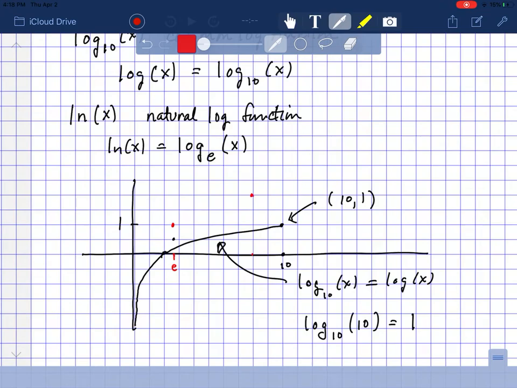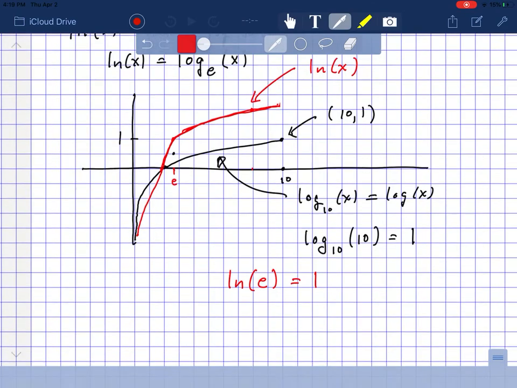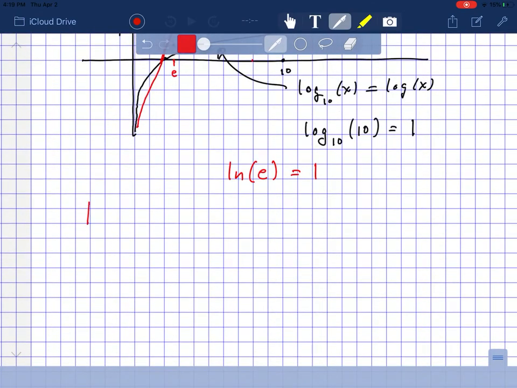But that's going to have a log of 2, so it should be right about there. So here's the graph of the natural log function. It has values bigger than the log base 10. And the log of e is just equal to 1.